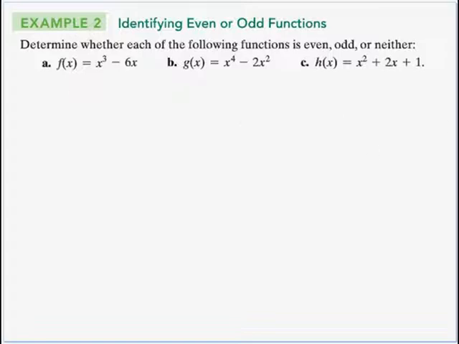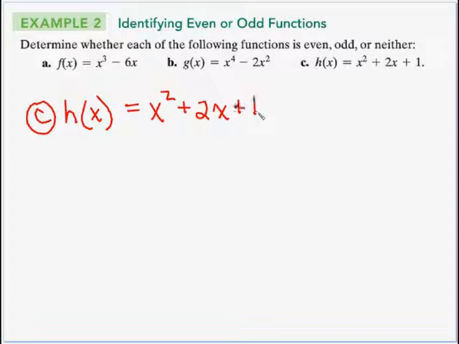Last one. Letter C. h of x is x squared plus 2x plus 1. I'm going to negate that function, negative h of x. I'll change all the signs by distributing a negative 1. Now it's negative x squared minus 2x minus 1.